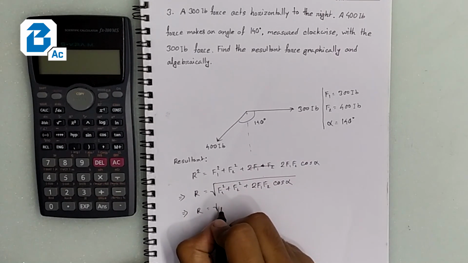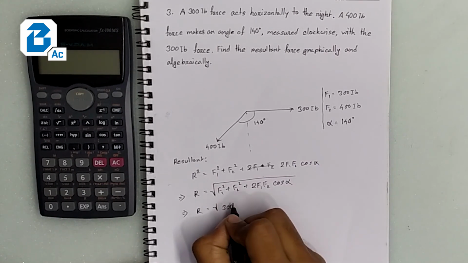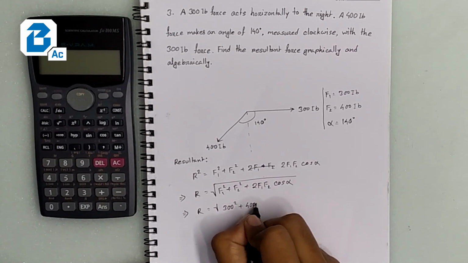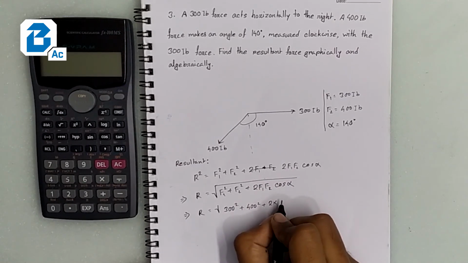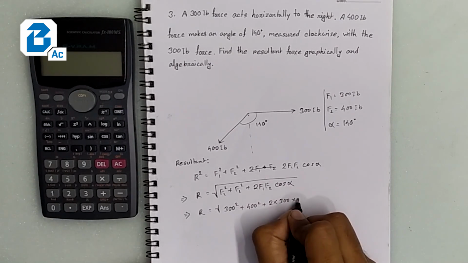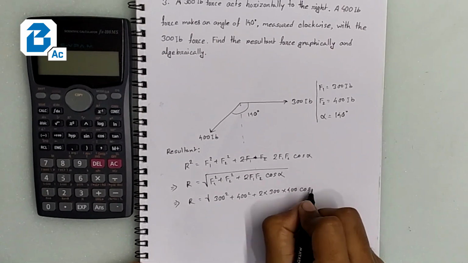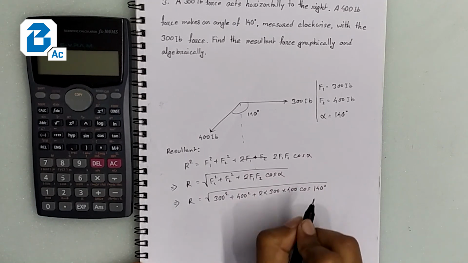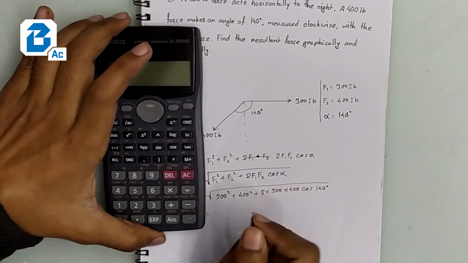So let's start with F1. Here F1 is equal to 300 squared plus F2 squared is equal to 400 squared plus 2 into F1, which is 300, and F2, which is 400, and then cos alpha. For alpha we will write 140 degrees, and that's it.